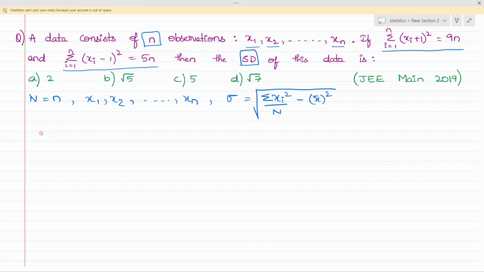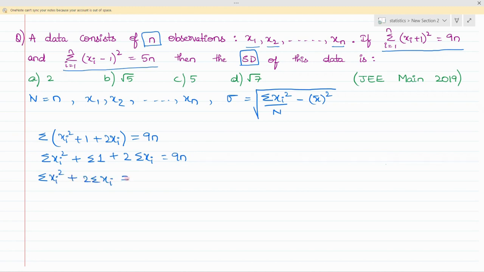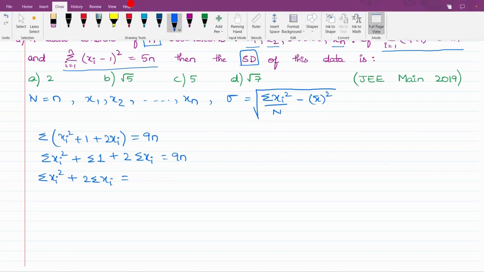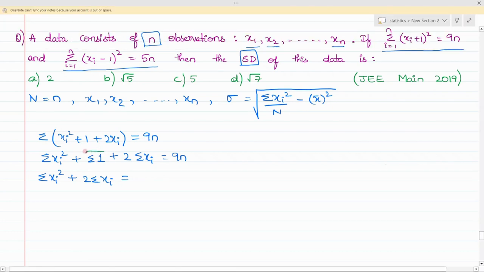So if we square it, it becomes sigma (xi square plus 1 plus 2xi) equal to 9n, and we can write this as sigma xi square plus sigma 1 plus 2 sigma xi equal to 9n. This sigma 1, what will be the value?